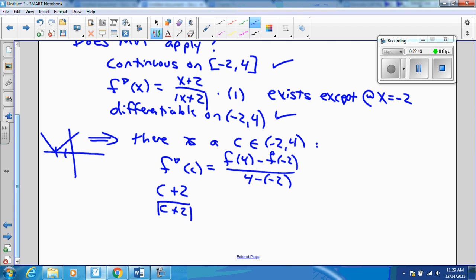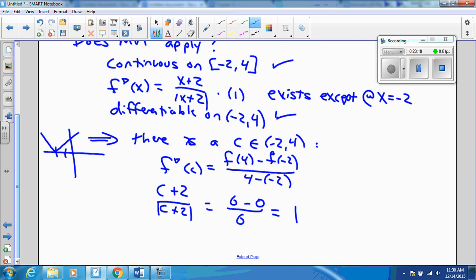He's seeing the graph in his head and he's saying, let's not make this harder than we have to. This is what the graph of the absolute value of x plus 2 looks like. What's the slope? 1, exactly. But if you did not see that, you could still get it by plugging in values, because f of 4 is 6, and f of negative 2 is 0, and all of that over 6, so we still get 1 anyway.